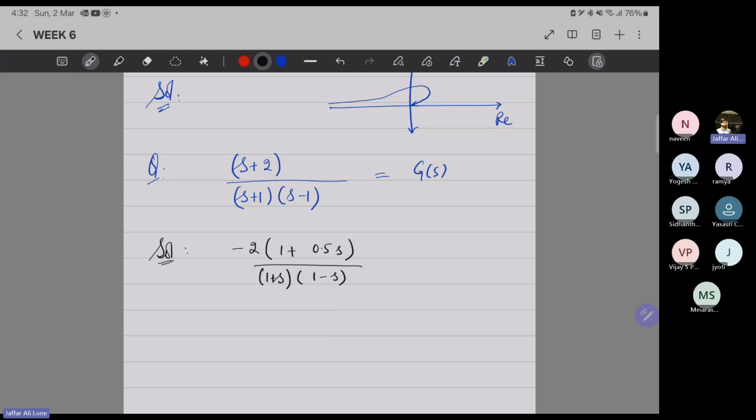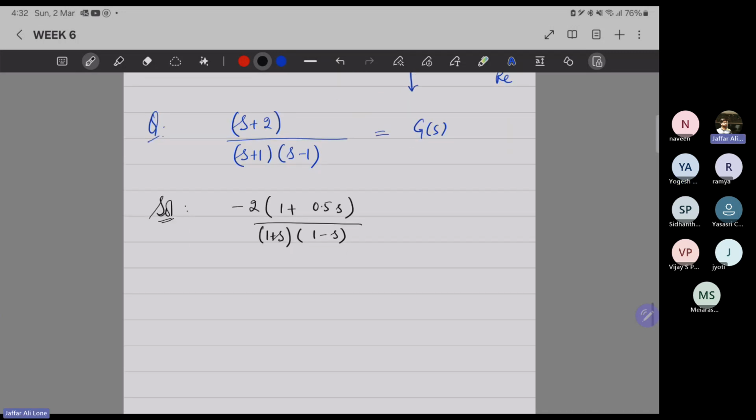I have to write 1 plus s first, then 1 minus s, and we have to take the minus common. Why? Because we are writing in time constant form, so everything has to be written like 1 plus s, 1 minus s, whatever.